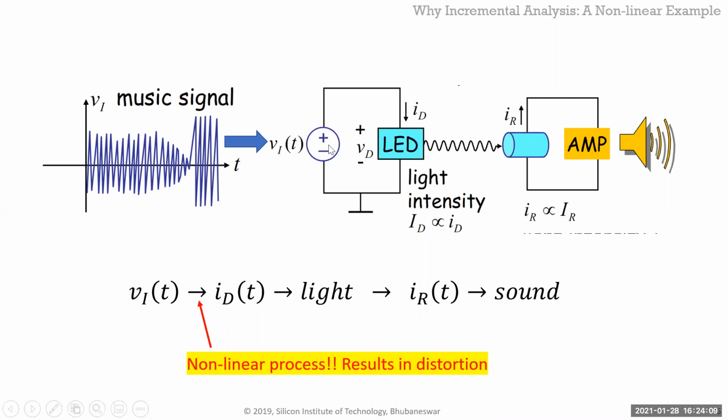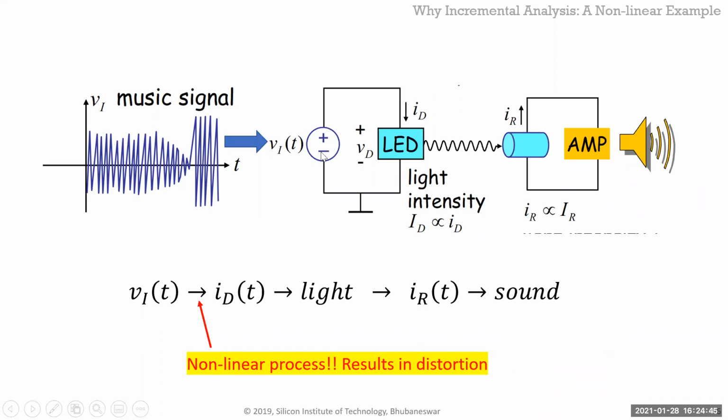So you convert the voltage of the music signal into the diode current, and that diode current is directly proportional, with some loss factor, to light. Then the photodiode takes that light and converts it back to current, again almost proportional with some gain factor, because there's also a quantum loss factor in that. Then you use a TIA, a transimpedance amplifier, to amplify that current, drive a speaker with a power amplifier, and you get the audio transmission. So that's the thought experiment we are going to look at.